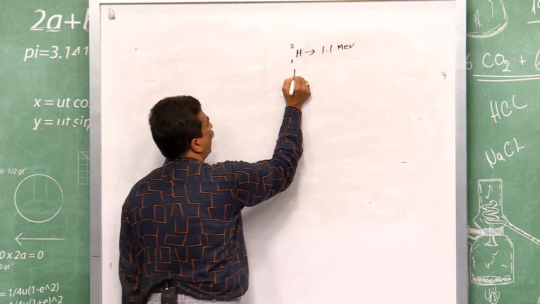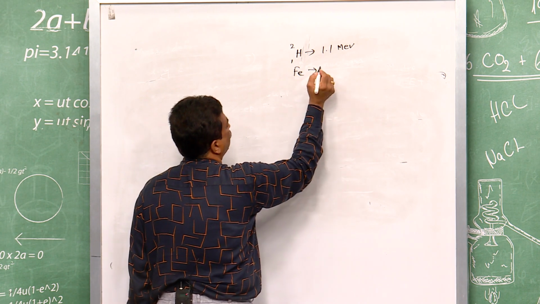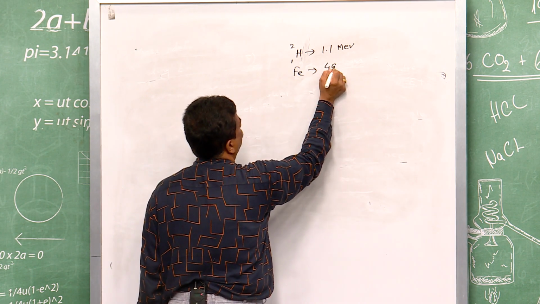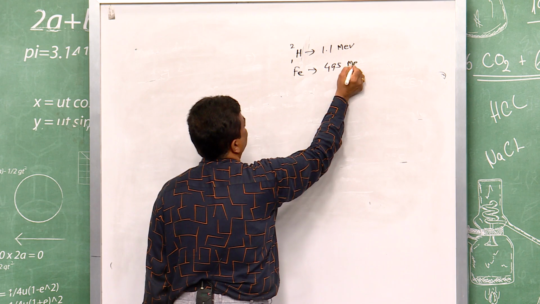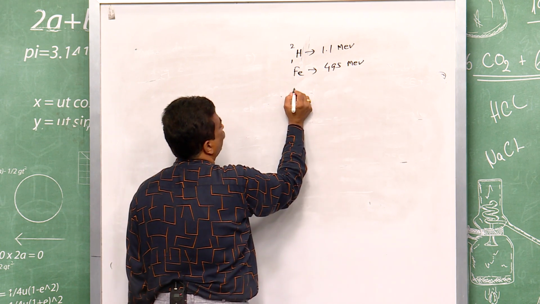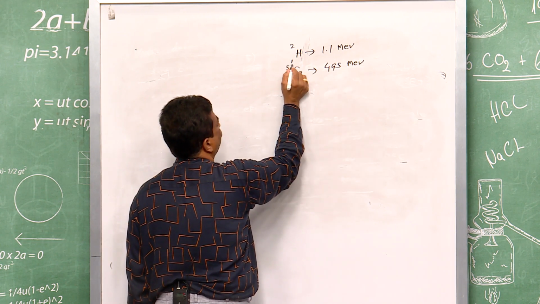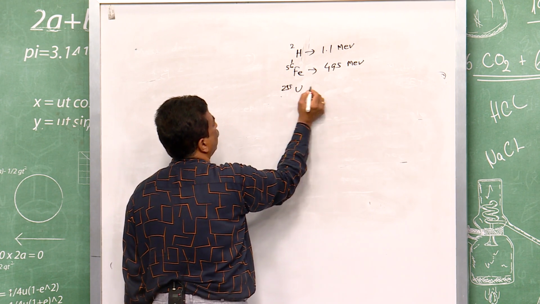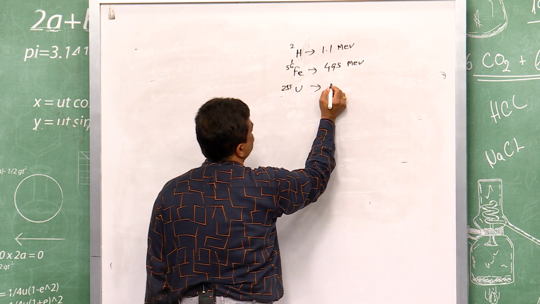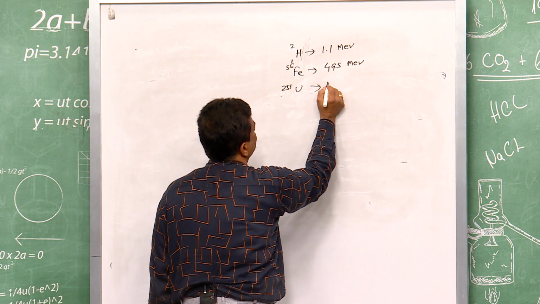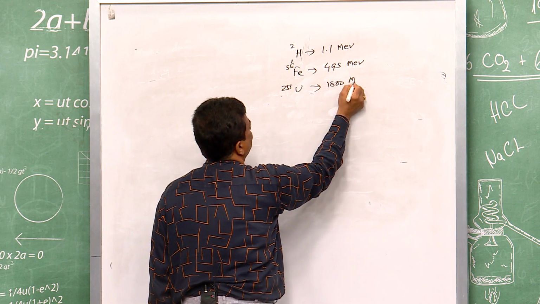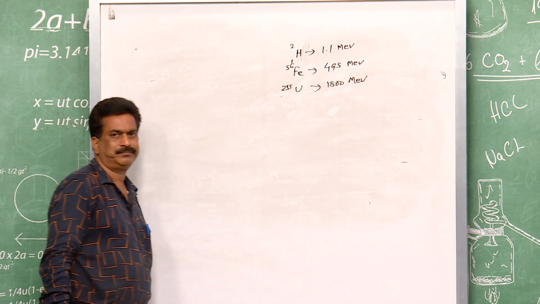And for uranium 235, the binding energy will be 1800 MeV.